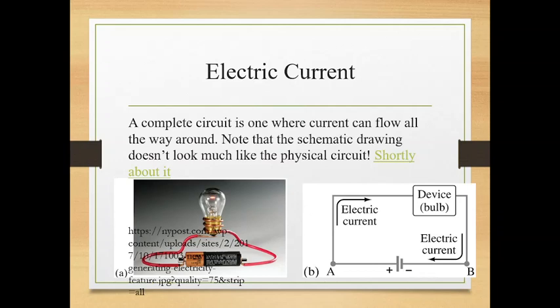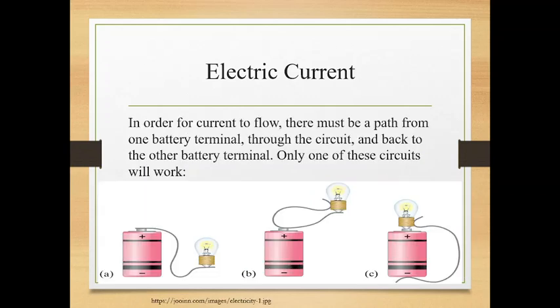Electric current. This is a complete circuit, one where current can flow all the way around. Note that the schematic drawing doesn't look much like the physical circuit. Shortly about it. In order for current to flow, there must be a path from one battery terminal through the circuit and back to the other battery terminal.